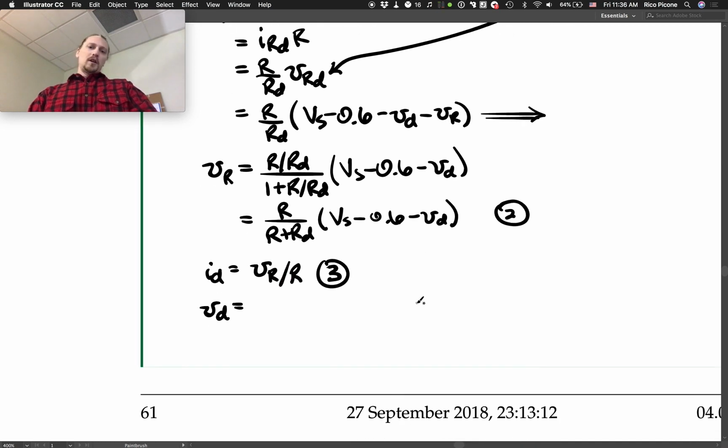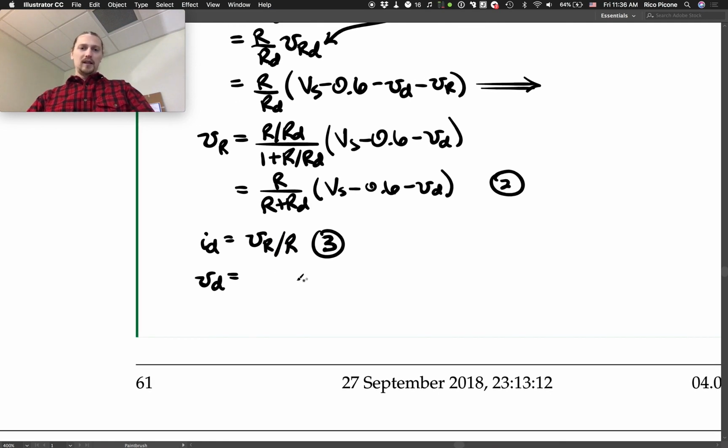So if you wanted to solve for VD, it's not too bad. You're going to have R plus RD divided by R times VR, and this is all going to be negative, I guess.